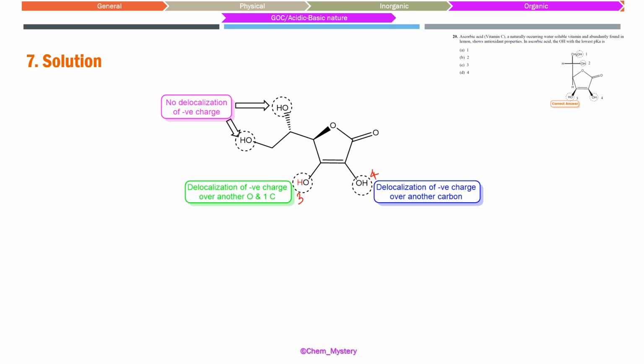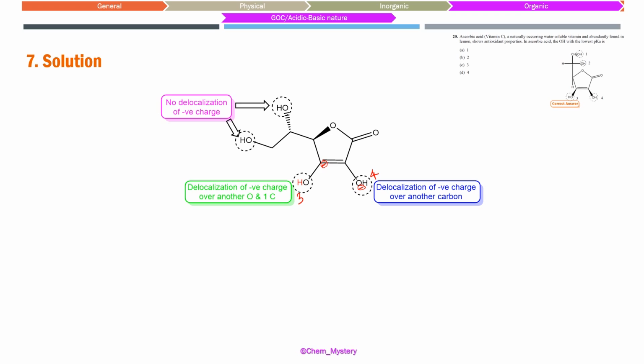At position 4, the negative charge can be delocalized from here over to this position only. Nowhere else can it go. So this oxygen's negative charge can be delocalized over here. Here only negative charges can be present. So oxygen is sharing its negative charge with the carbon. Carbon, because of having less electronegativity, cannot stabilize that negative charge very easily. That's not very much favored.